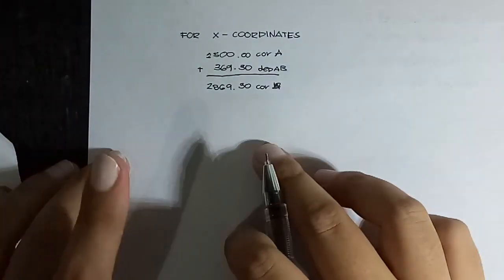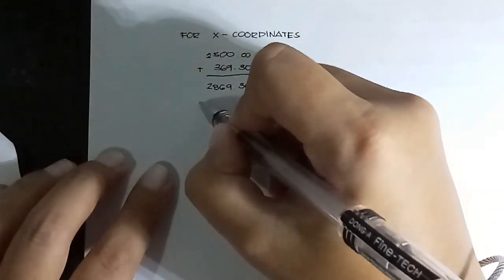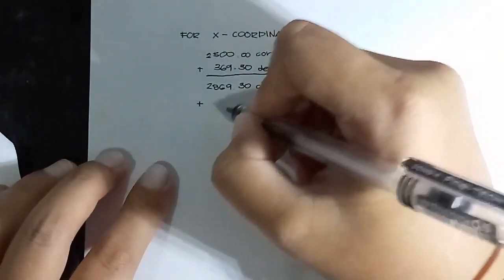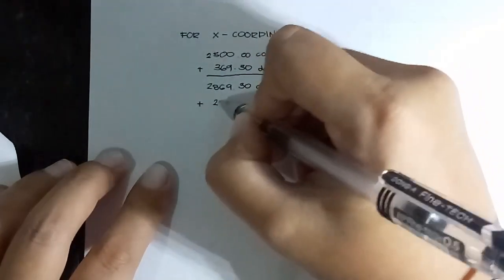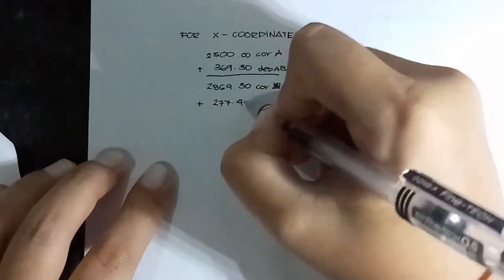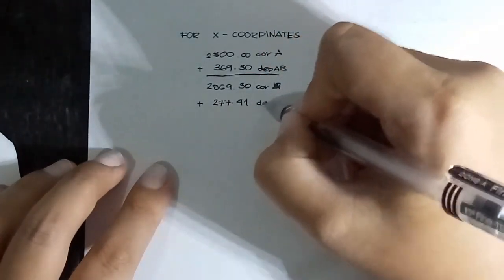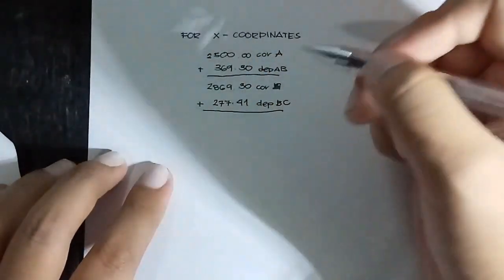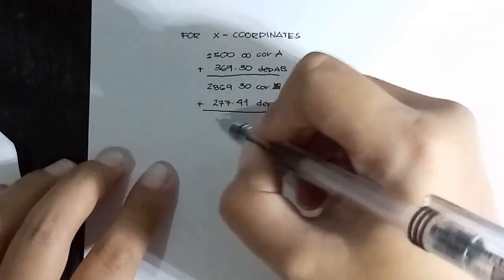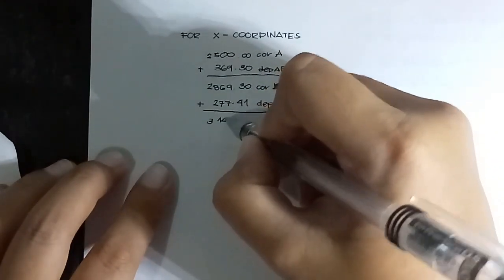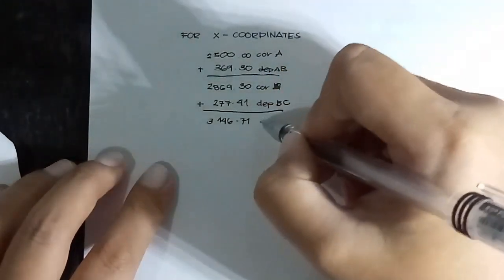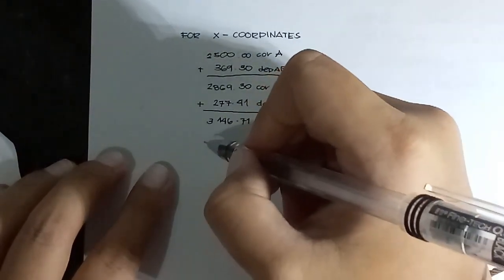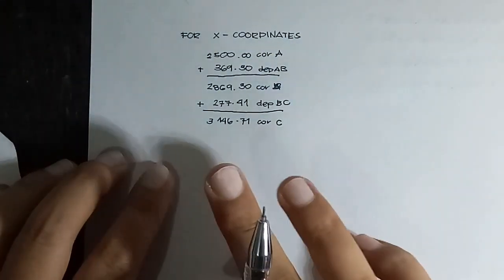So, next, i-add ulit natin yung susunod na value, which is nasa east ulit yan. So, add ulit 277.41. Yan naman yung departure ng BC. So, ang total niya is 3,146.71 sa C. Now, yung sunod naman is yung departure ng CD.